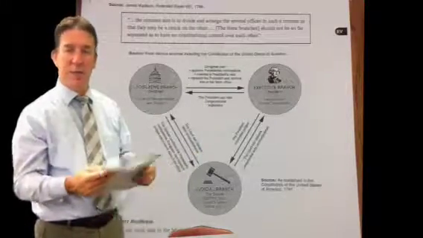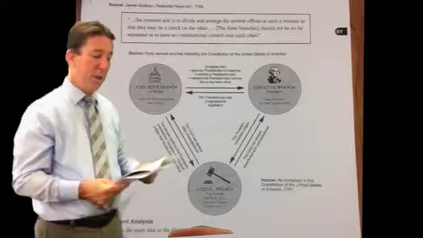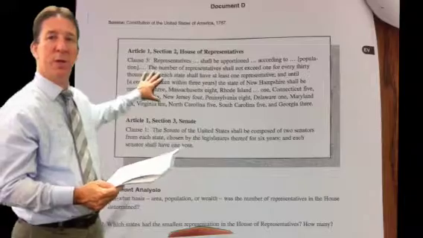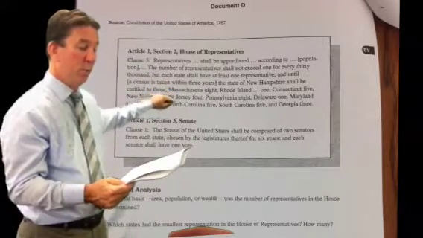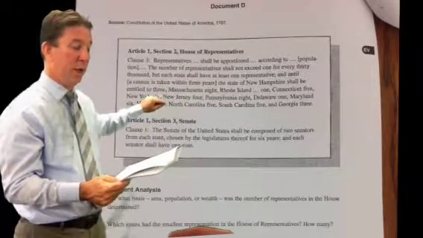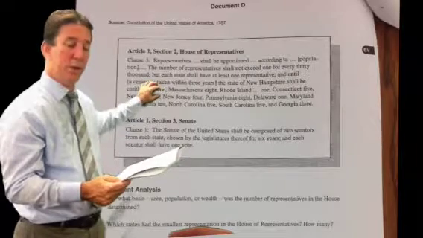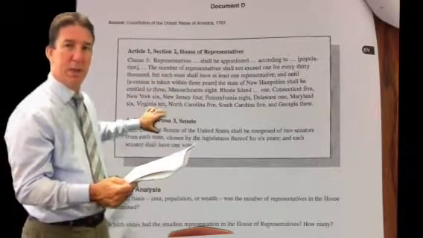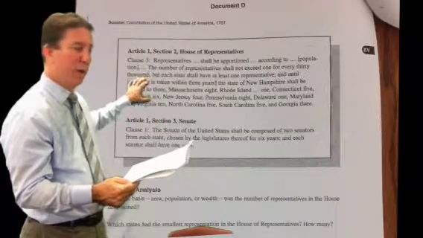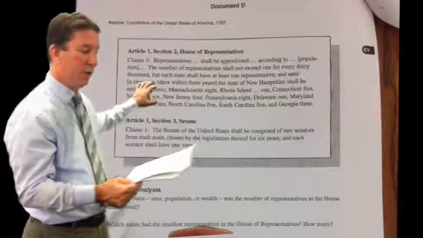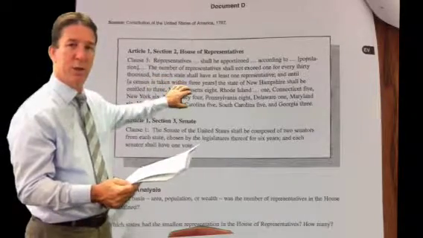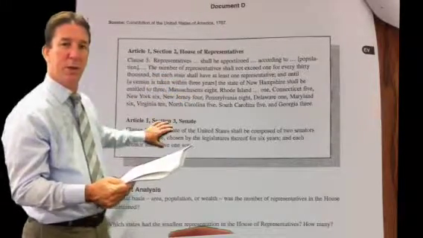Finally, document D. Document D is the concept of small states and large states. It talks about the House of Representatives, talks about the term proportional, according to population, and then it talks about the Senate. So think of our gummies, how some of you, when you diagrammed your gummies, how that was broken up by population, so large states got the most, small states got the least.